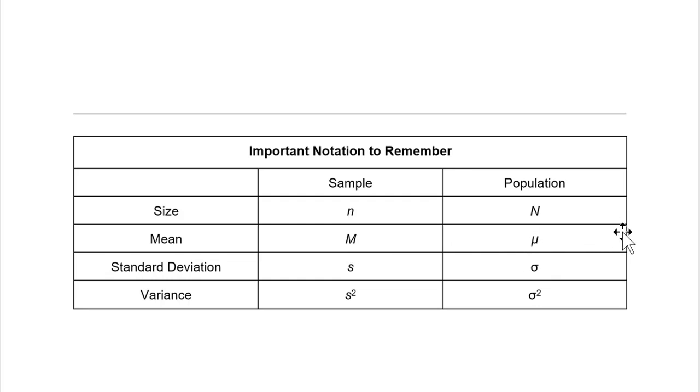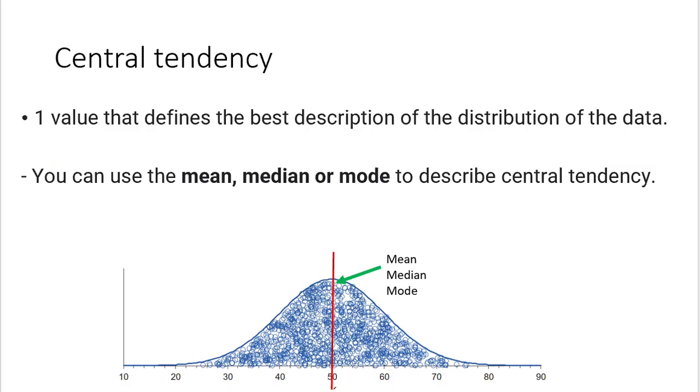Then you have lowercase s for standard deviation, or sigma, kind of like a 0 with a little line on the top. For variance, s squared and then sigma squared. As we move forward, I'll go into more examples of what those mean.